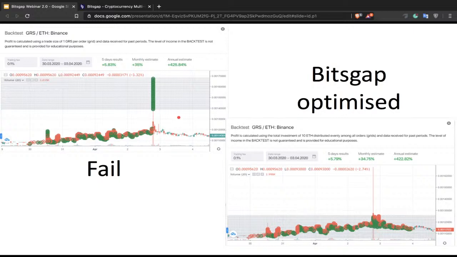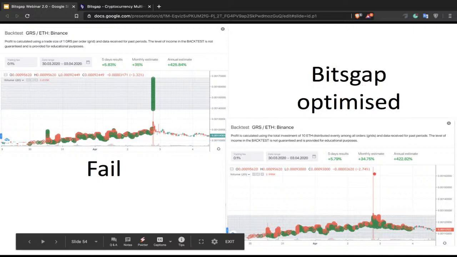But with Bitsgap optimization, with this protection from extreme pumps and dumps, no trades would happen in this zone where we had this extreme pump, which eventually resulted in the consequent price depreciation back to the zone of initial trading.